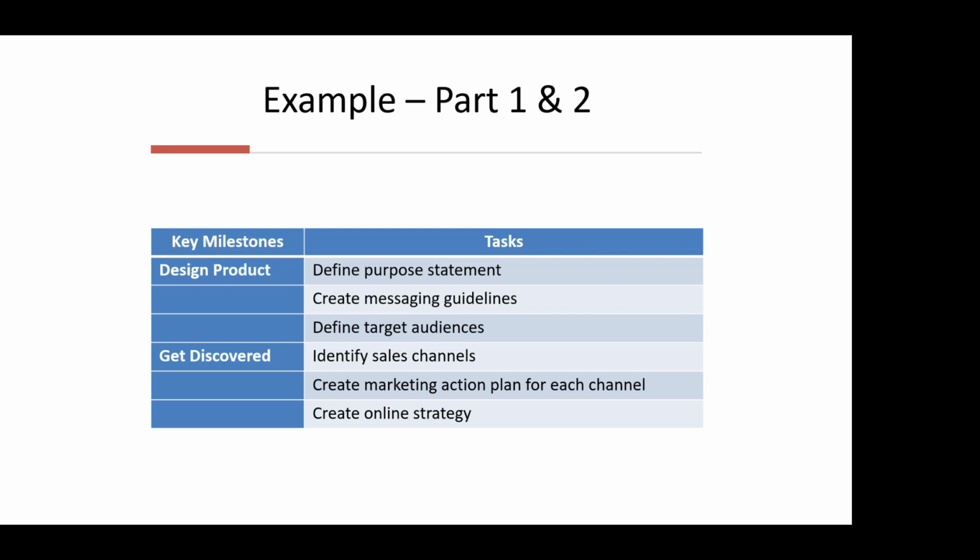We defined target audiences. In the get discovered phase, what did we do? We identified sales channels. We created marketing action plans for each channel. We created online strategy. If you notice, the milestone is a noun, or if you will, it's something, and the task is the verb. It's the action. What are you going to do to achieve that?